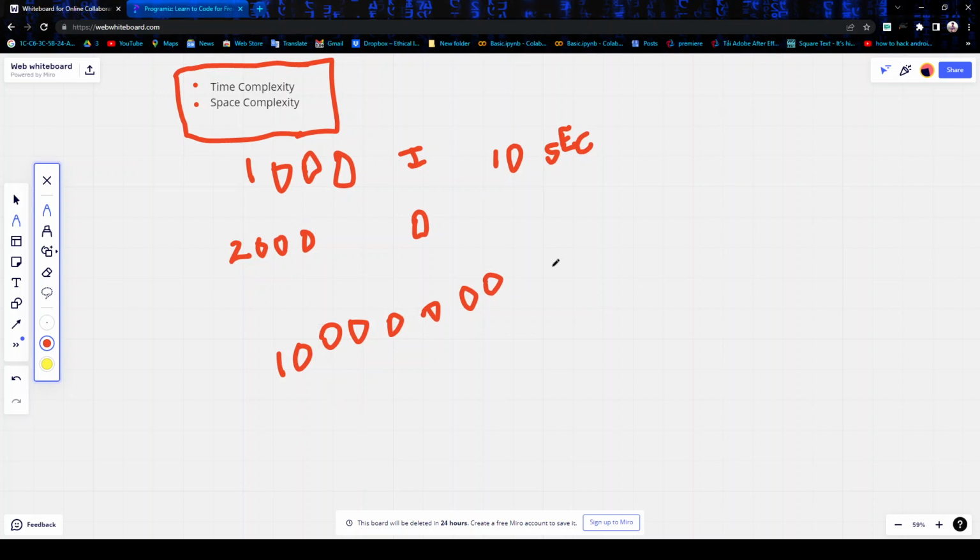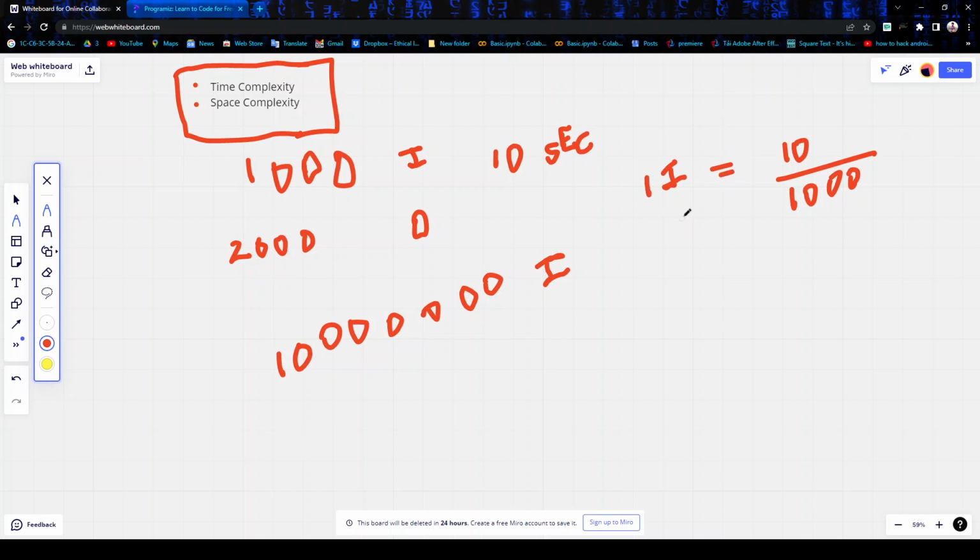Now if we have 1 crore inputs, you can think that for 1000 inputs our program was taking 10 seconds, so for one input it is taking approximately 10 divided by 1000 seconds.